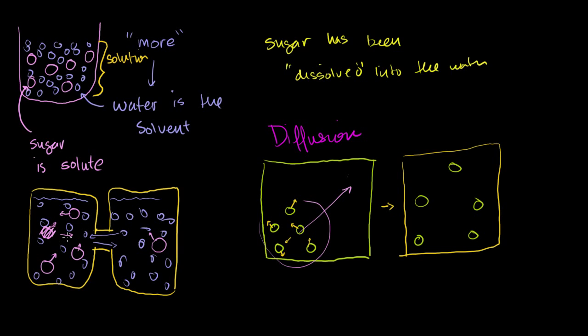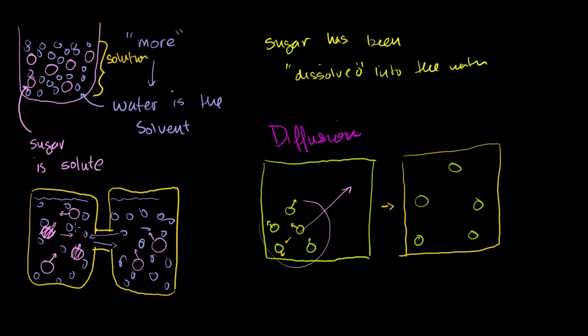So you can imagine if you're doing this with gazillions of particles, I'm only doing it with 4, over time, the particles will have spread out so that their concentrations are roughly equal. So maybe you'll have 2 here over time. But when you're only dealing with 3 or 4 or 5 particles, there's some probability it doesn't happen. But when you're doing it with a gazillion and they're super small, it's a very, very high likelihood.